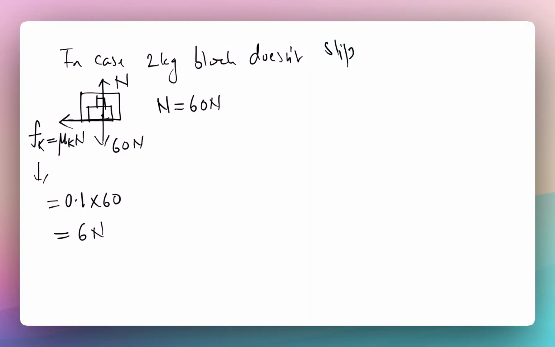Here we have 6 Newton pulling it back, and a tension force pulling in this direction, and this is going to accelerate with some acceleration a naught. We are assuming that it doesn't slip.